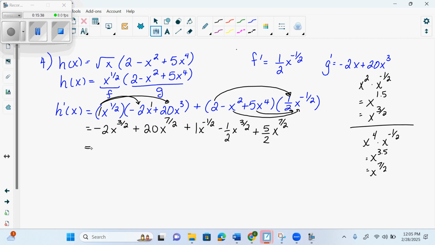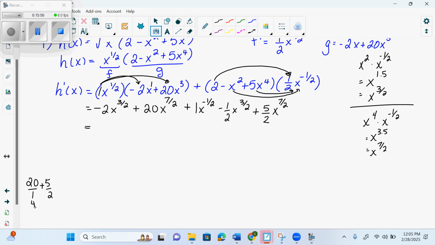So, 20 plus 5 halves. So we need to do 20 over 1 plus 5 over 2, right? That is the same as 40 over 2 plus 5 over 2, which is 45 over 2.